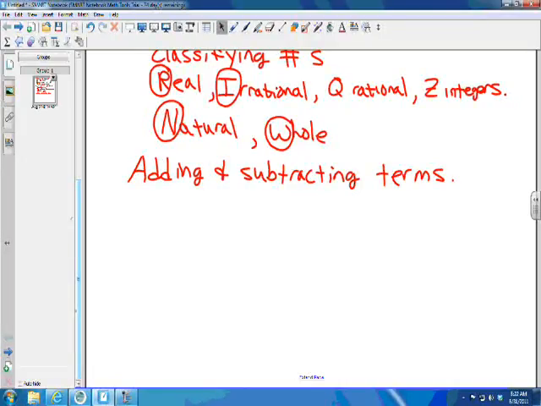1-3 then. Solving equations. For 1, basically, we will do those top problems there: 28, 333.